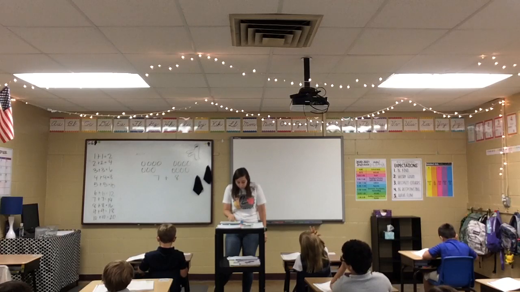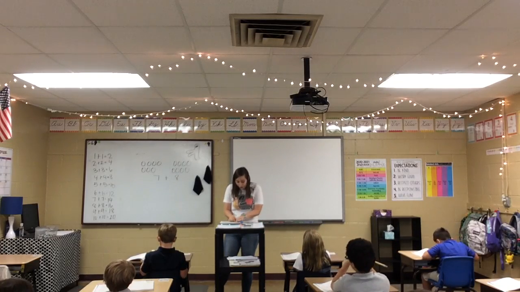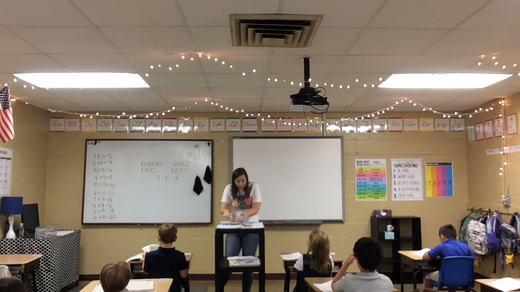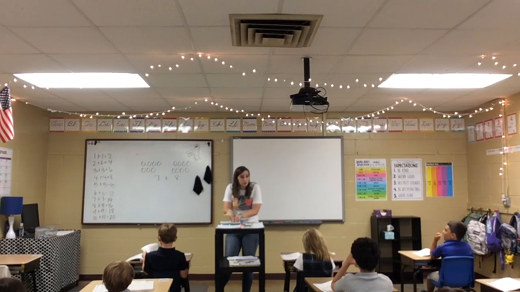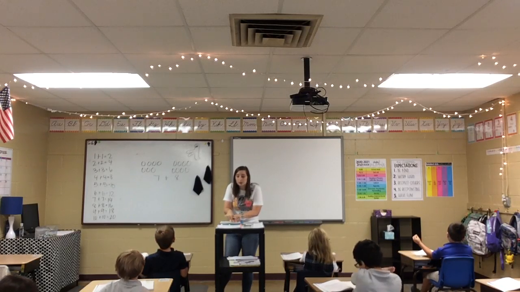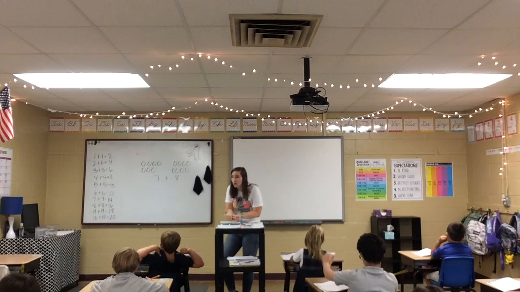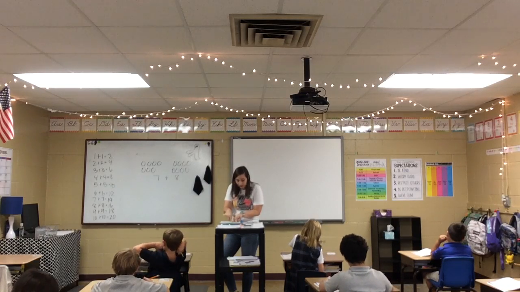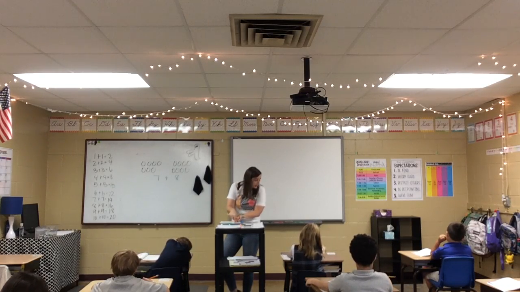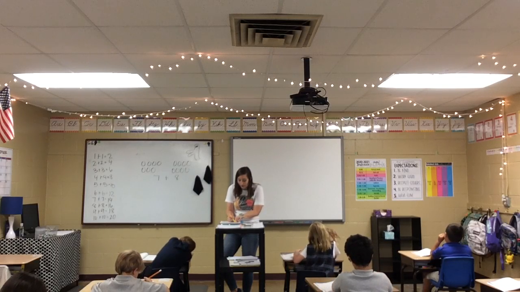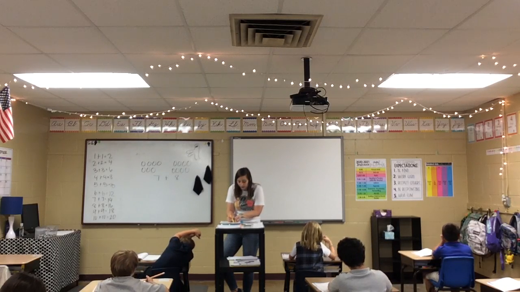If you look right there in your picture, everybody look at their book. Look at that example, doubles plus 1. You see how they pulled out that one tennis ball? It says 7 plus 7 equals 14.